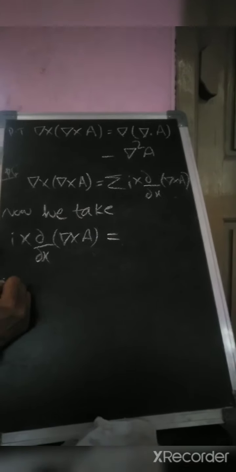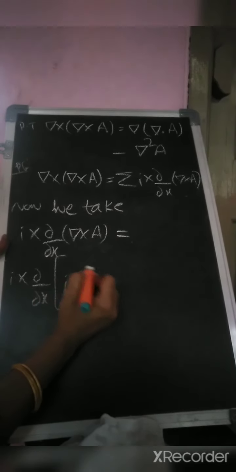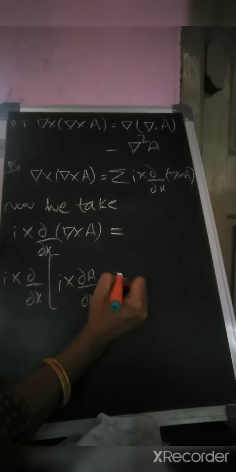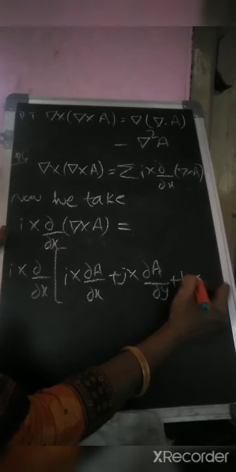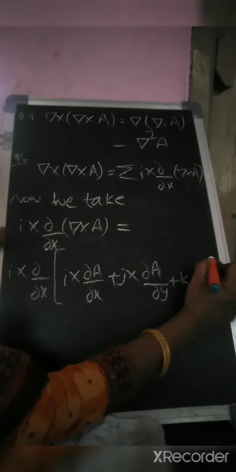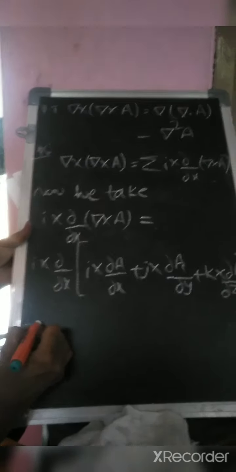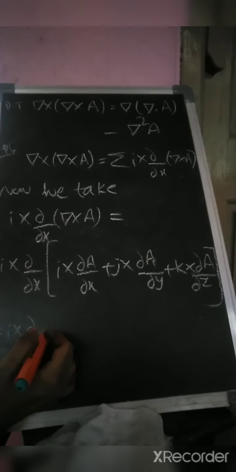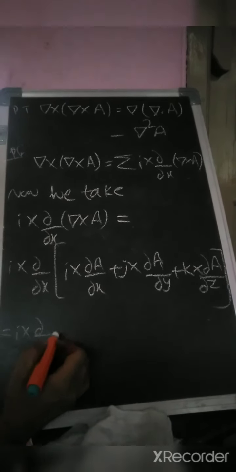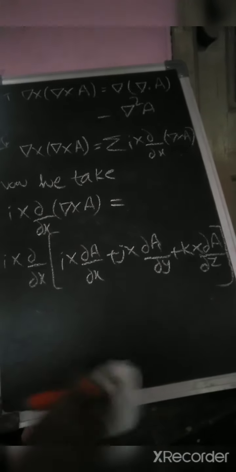So this is equal to i cross dou by dou x of again i cross dou A by dou x plus j cross dou A by dou y plus k cross dou A by dou z. Next, this i cross dou by dou x is multiplied inside.